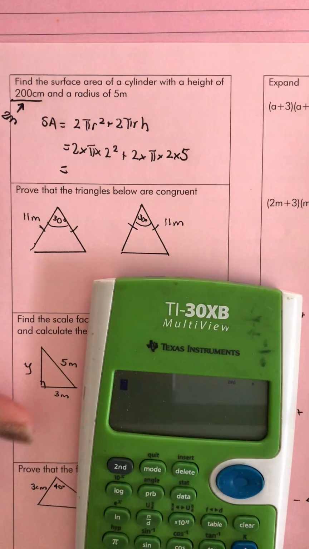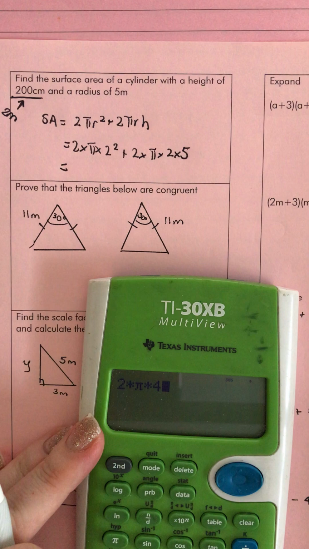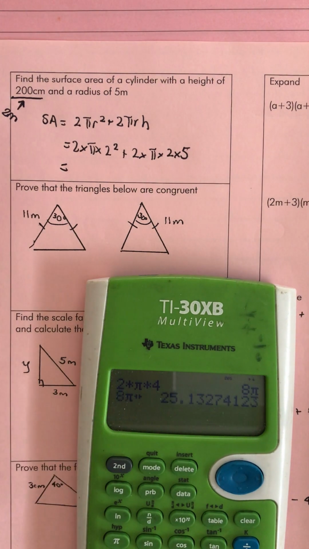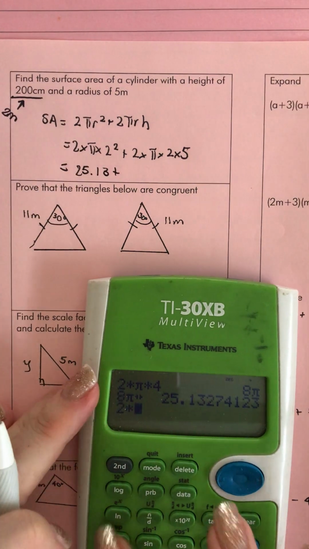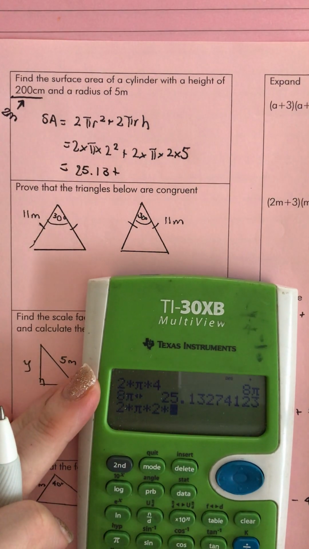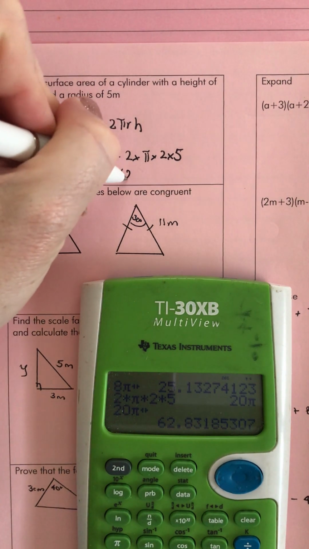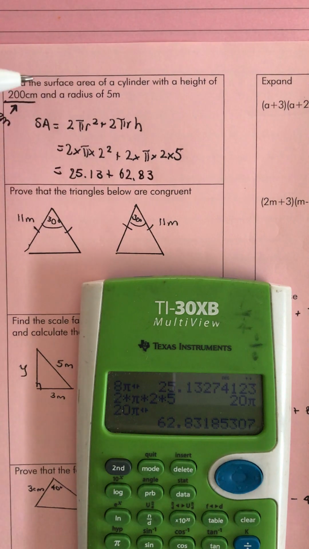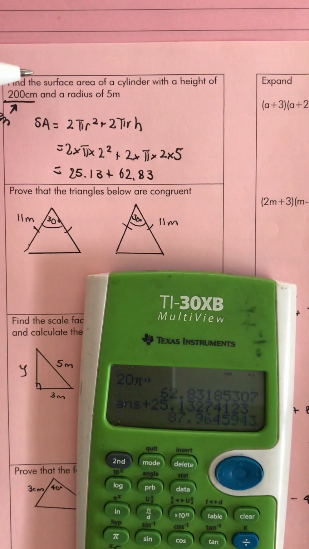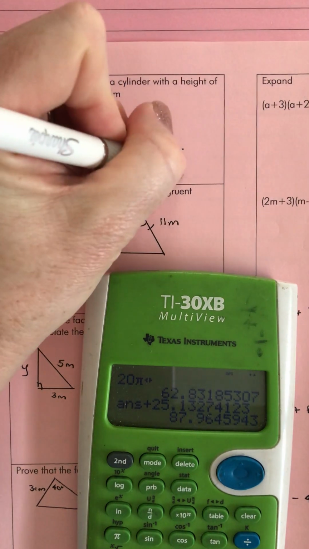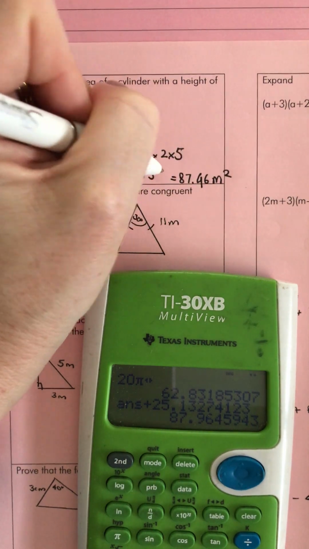So I'll work that out on my calculator. 2 times pi times 2 squared gives me 25.13. And then 2 times pi times 2 times 5 is going to give me 62.83. And so when I add them together, I get 87.96. And that will be meters squared.